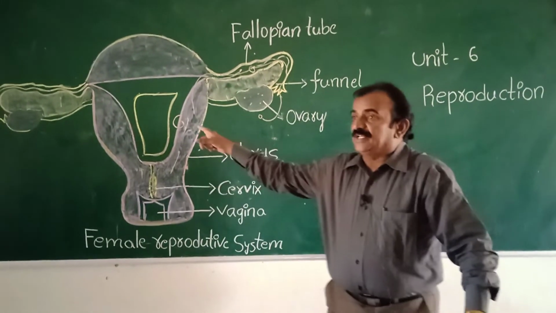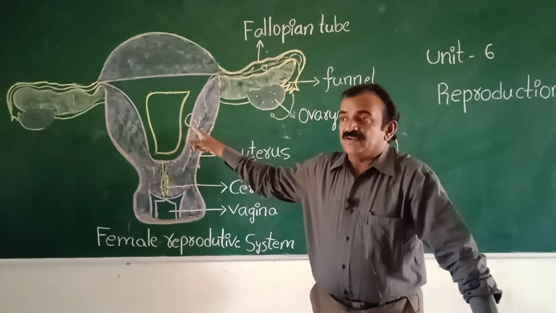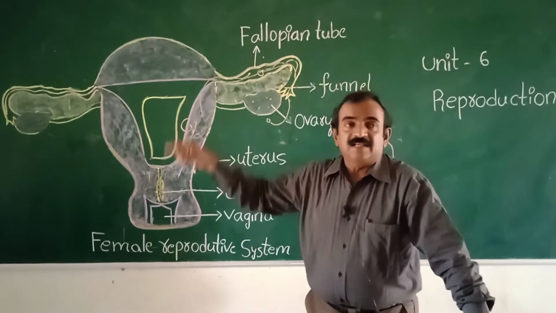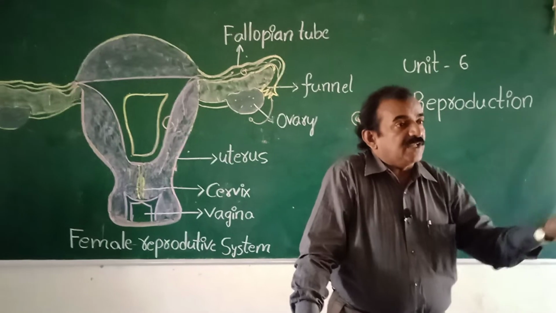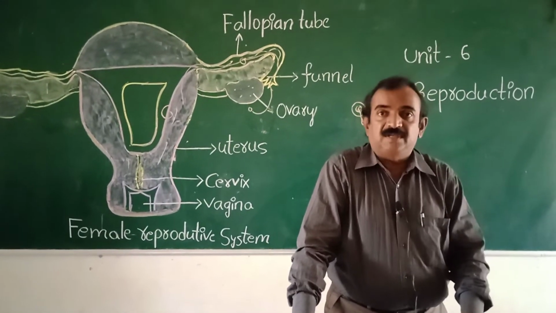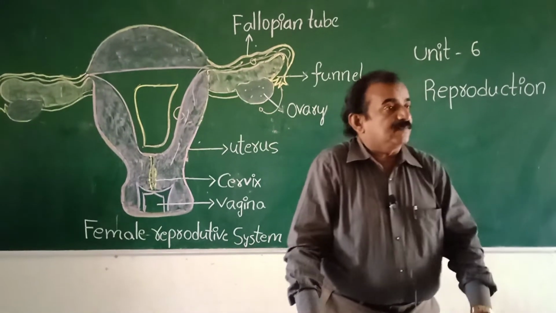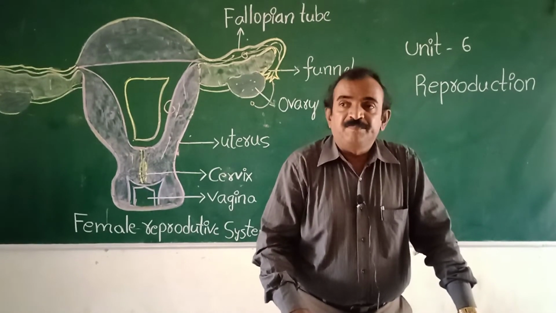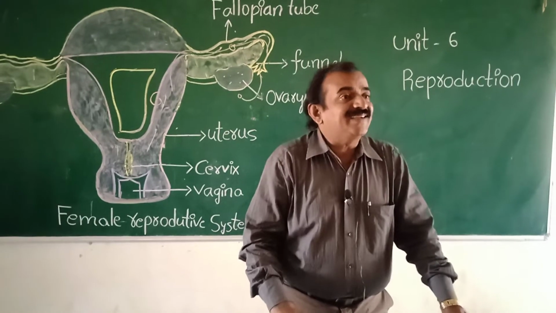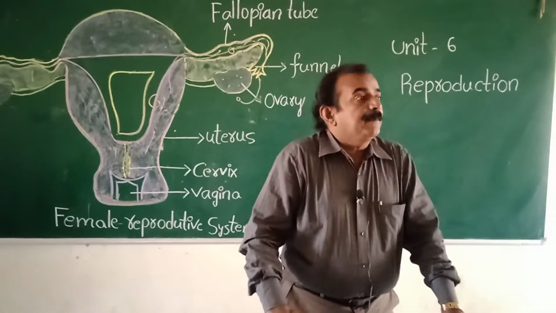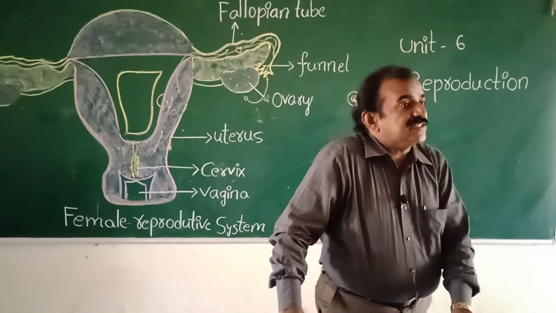And further growth of the zygote takes place here. Later the zygote develops into an embryo, and after 3 months it develops into a fetus. When the fetus reaches, page number 126, 9 months or 280 days, that period is called the gestation period.